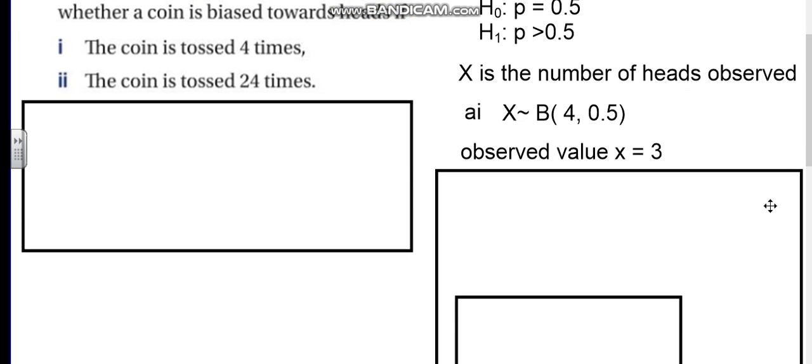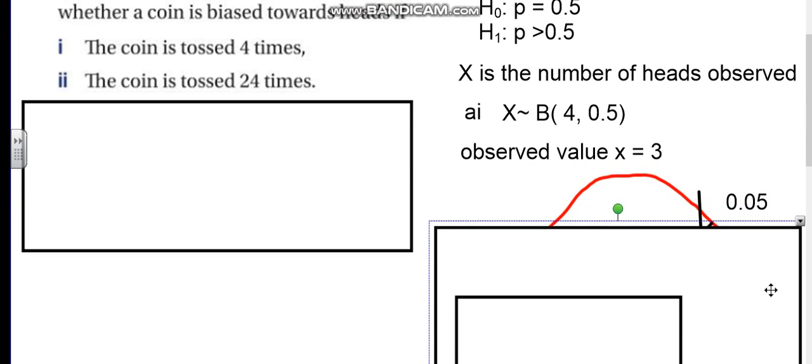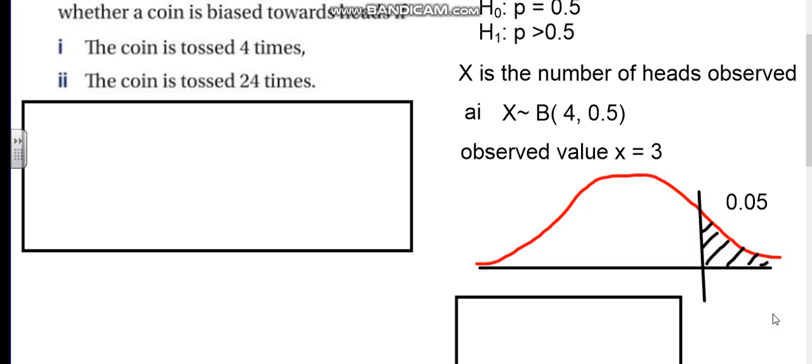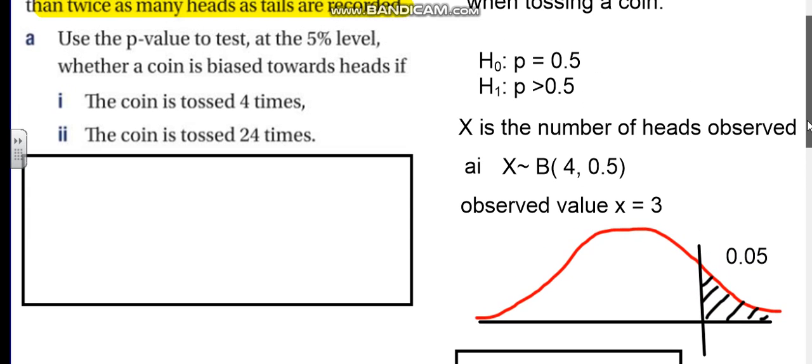Okay, so what we're looking for. Here's my diagram that we've been using up until now. Okay, we're told in the question that the significance is 5%. And we know that it's a 1 tail at the top end, so this is where my diagram shows the top end. This region here is 0.05 for the 5% significance level.